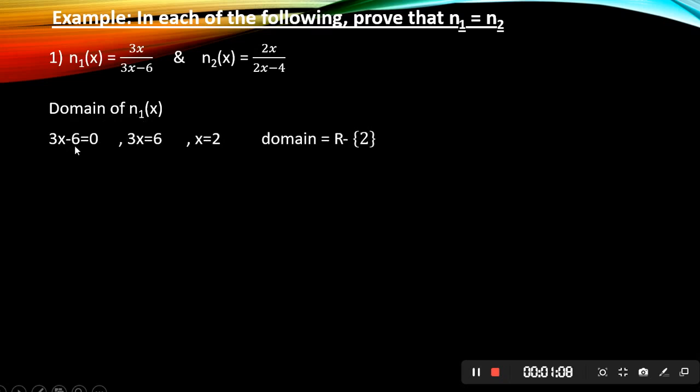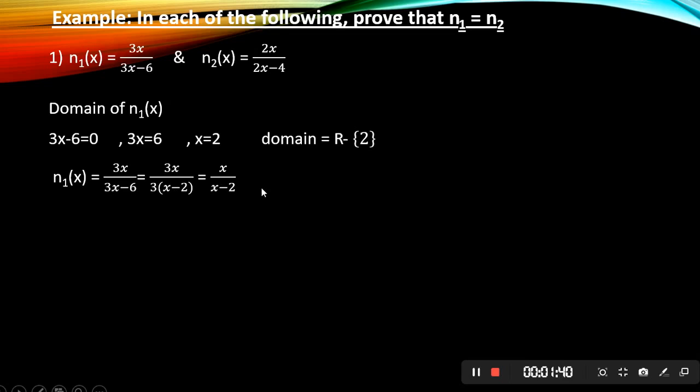So 3x minus 6 equals 0, 3x equals 6, x equals 2, so the domain equals R minus 2. Simplifying the first function, n1 of x equals 3x over 3 open bracket x minus 2. I cancel 3 with 3, so the function will be x over x minus 2.